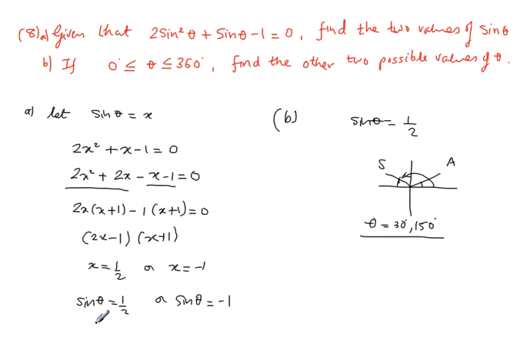So these are my 2 answers for this. Minus 1. So if you think of the unit circle, this is 0 plus 1, 0 minus 1. This is your sine. So that's 270. So this gives you theta equal to 270. So that's how you get 3 solutions to this.